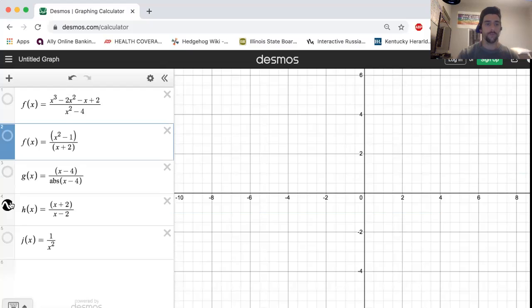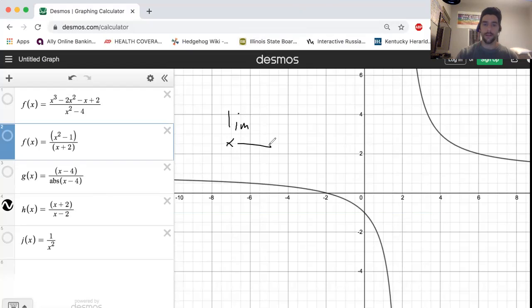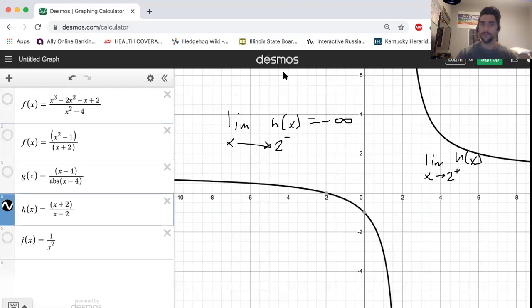So if I share this one right here, I can pretty clearly see as x approaches 2, from the left side of h of x, it looks like we're going off to -infinity, but as we approach 2 from the right side, just larger values than 2, and think about that number line, it looks like +infinity.